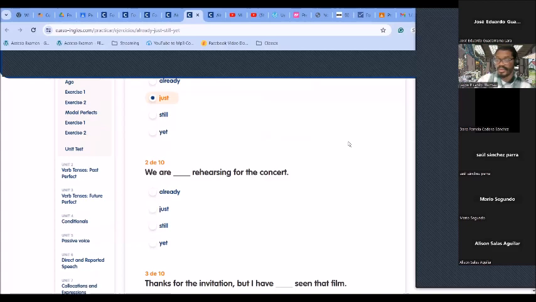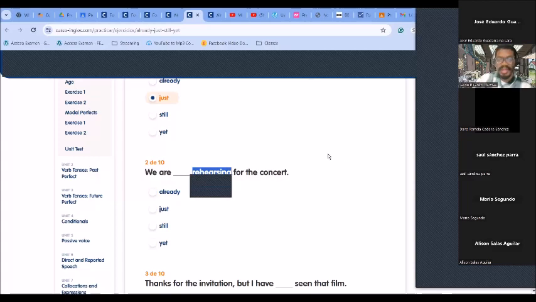Go ahead, Saul. We are already rehearsing for the concert. Right, the concert. In this sentence, it's still not explicit when the concert is, but we do have a clue. Rehearsing means the action is ongoing, not finished.